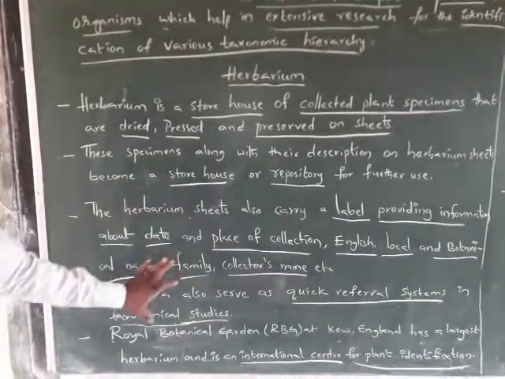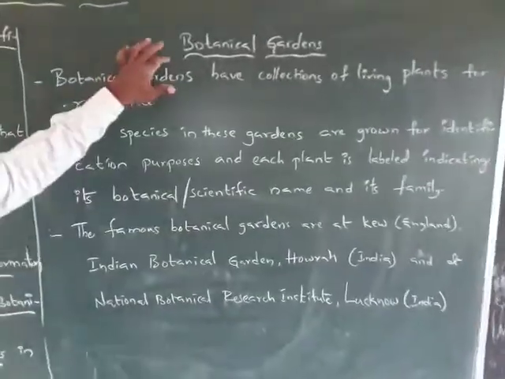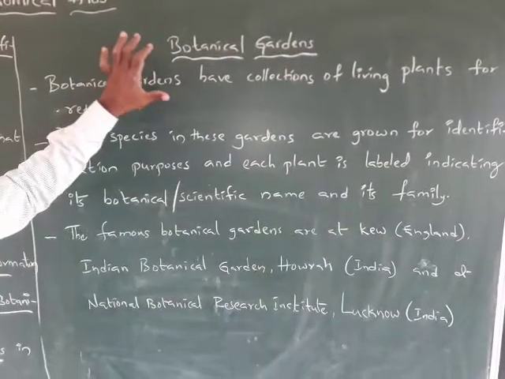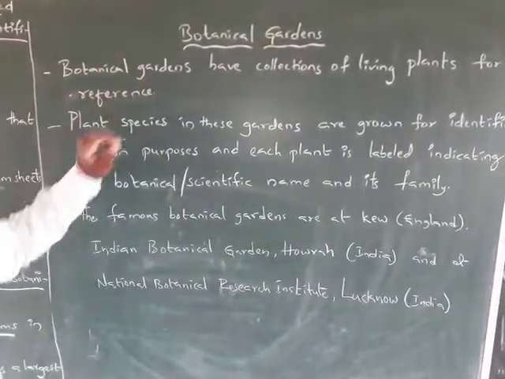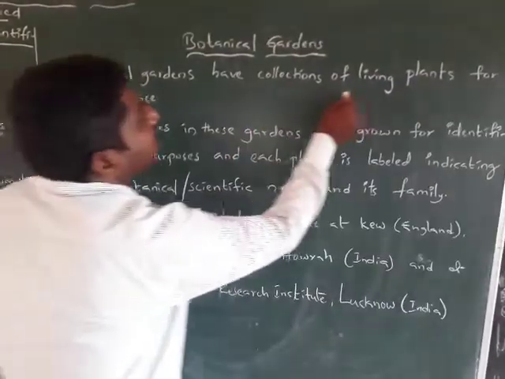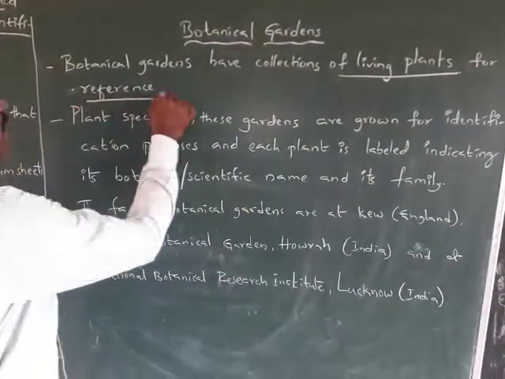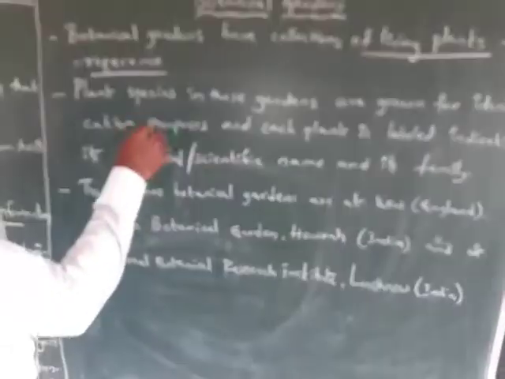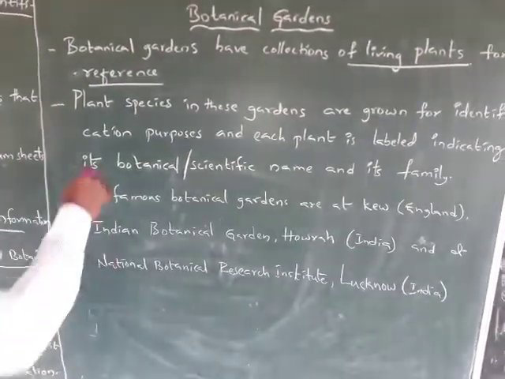So these are the characteristics of the herbarium. Then we will go to the botanical garden. It is also one of the taxonomical aids for the identification of plants. The botanical gardens have collections of living plants for reference.